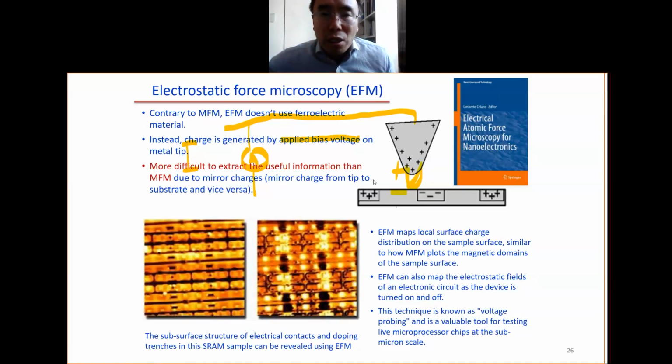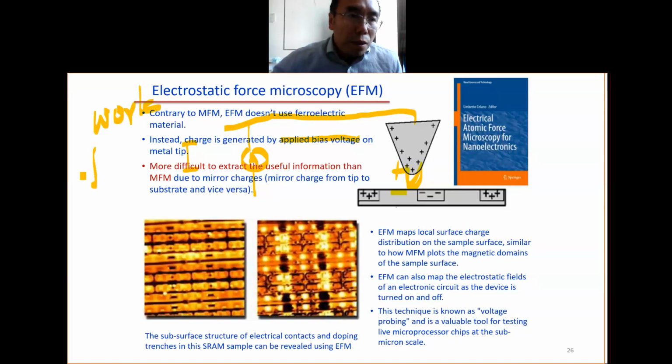You measure the resistivity of different parts of the material. You can also measure the work function of the material. This is called Kelvin force microscopy. Similar to this one, you measure the work function of the material. This is also a kind of electrical measurement of the material.